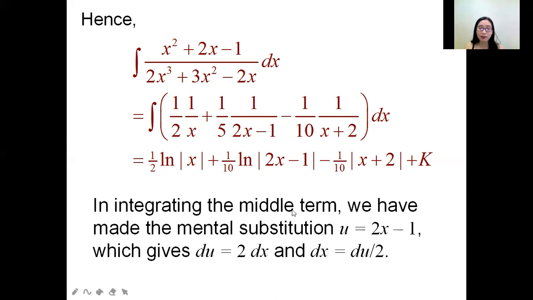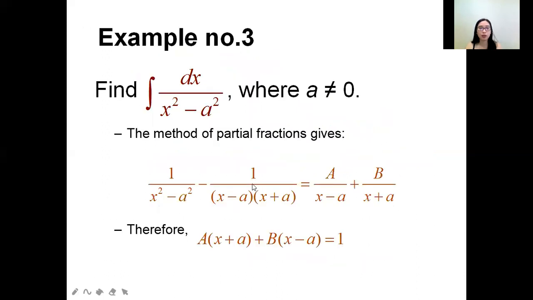So in integrating the middle term, we made the mental substitution of u is equal to 2x minus 1, which gives us du is equal to 2 dx, and dx is 1/2 du. So that is what happened to the 1/10 here. So that's all.